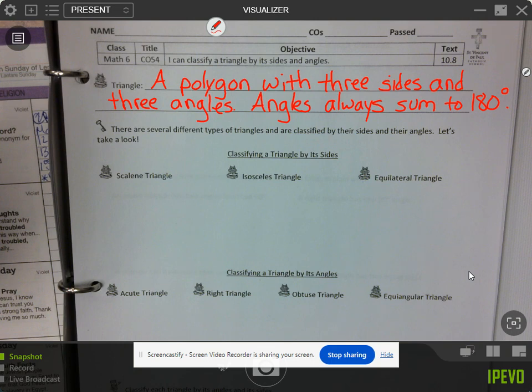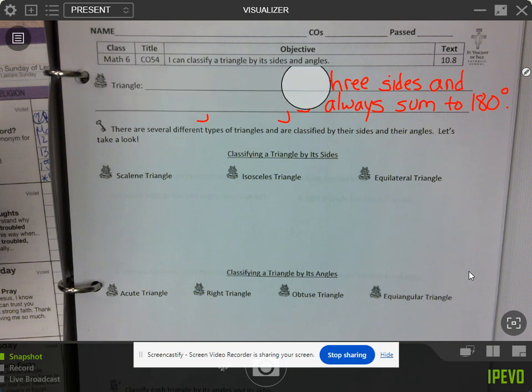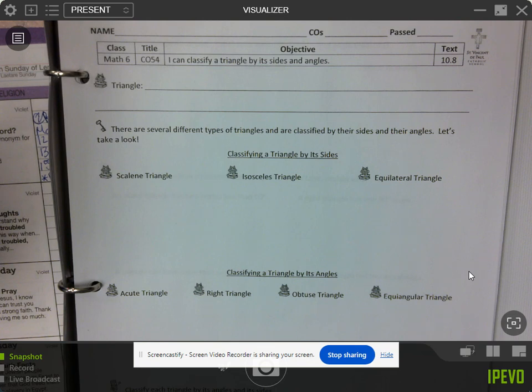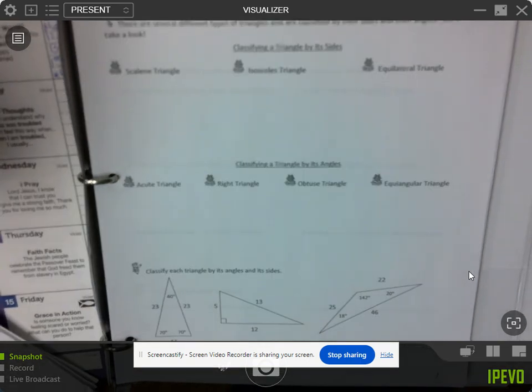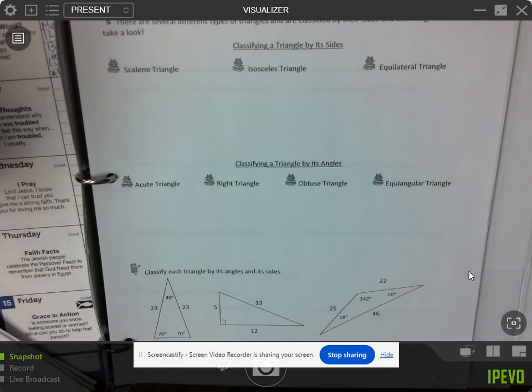So there are several different types of triangles and they are classified either by their sides or by their angles. So let's take a look at classifying it by sides first. So if it is a scalene triangle, what do we know about its sides?